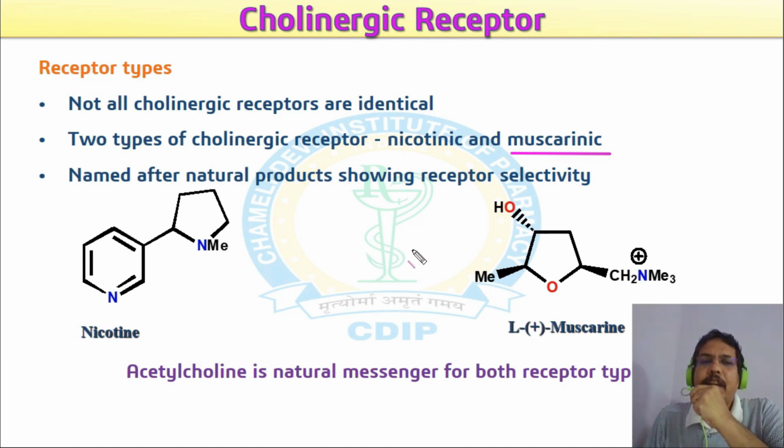And actually this naming comes from the selectivity of these receptors towards natural products. Nicotinic receptors show selectivity towards nicotine, while the muscarinic receptors show selectivity towards muscarine.